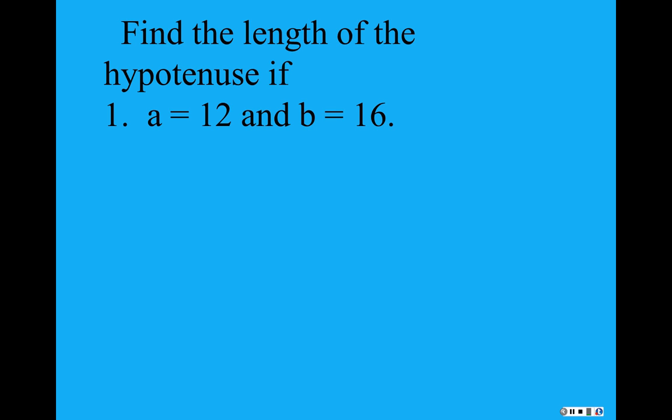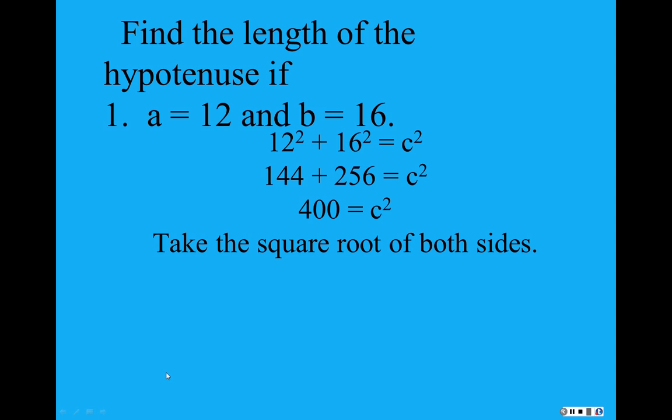No, square root. C is going to be the square root of 400. What's that? You can do that in your head. Not 200. 20. 20 times 20 is 400. You have to take the square root of both sides to get C. So when I take the square root of C squared, I just have C by itself. And the square root of 400 is 20.